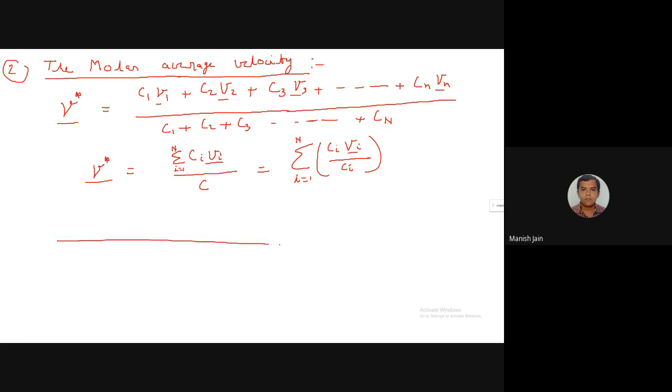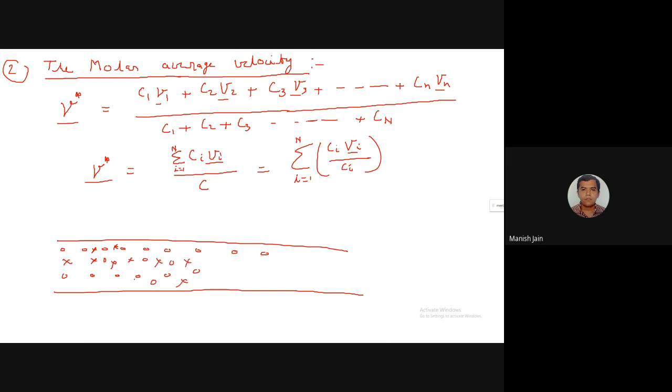Suppose you have a system. Here you have two components. One component is represented by dots or circles, and the other component is represented by crosses.